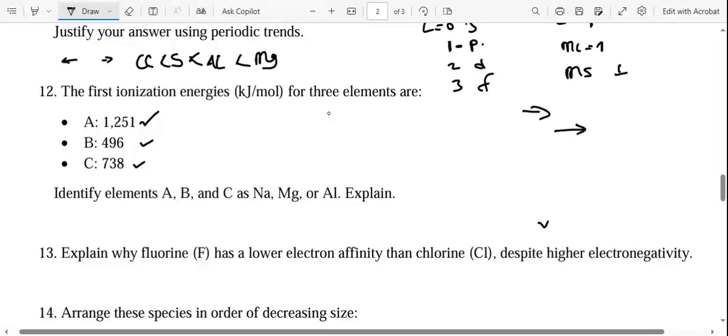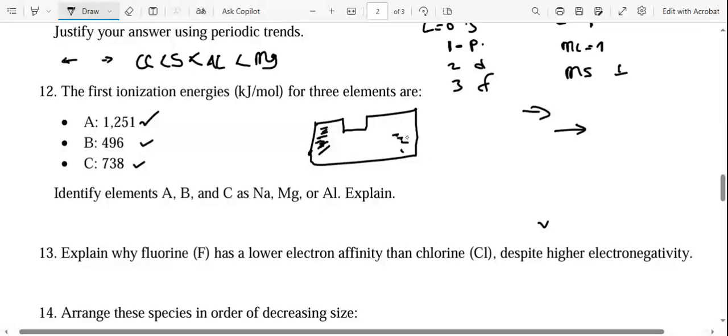So the first question: identify the elements. Here, this is how we can actually identify them. You can tell by using the periodic table. These atoms that are there, they release an electron more easily than these ones on this side.